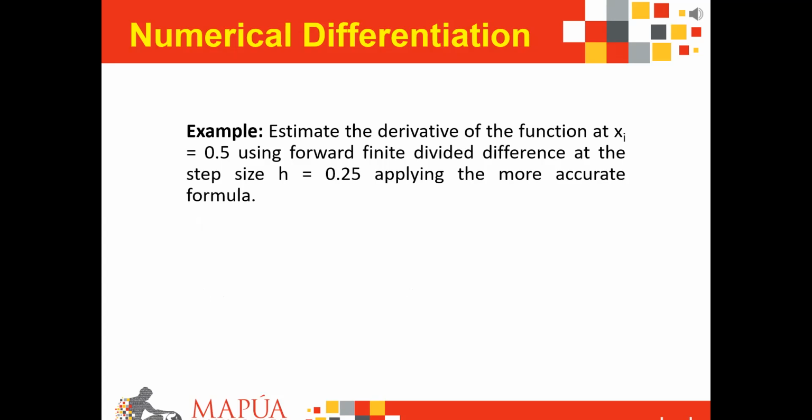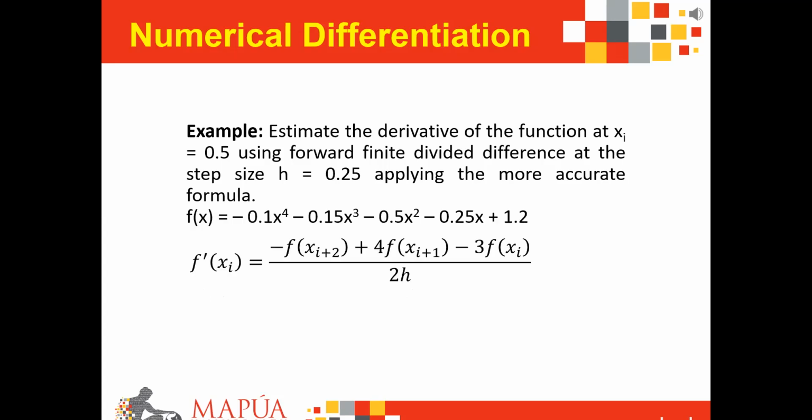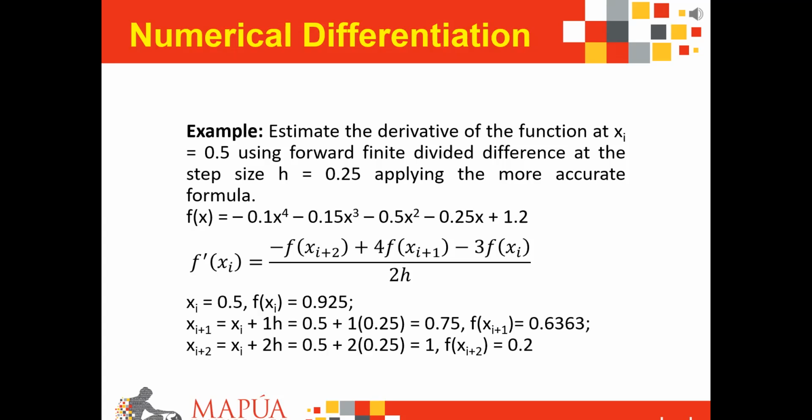Note that the first derivative also contains what you call a more accurate derivative formula. Let's try to apply that using a step size of 0.25 onto our given function. This is the more accurate first derivative formula, which requires us to evaluate f(xi plus 2), f(xi plus 1), and f(xi). Note that xi is given to be 0.5, and we already evaluated for the function f(xi) to be 0.925.